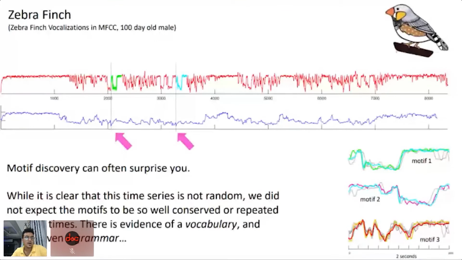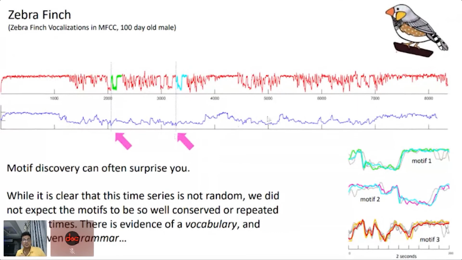What is this? So essentially, what these guys did is they recorded birds when they were doing their thing. They were talking to each other, maybe, so they recorded their voice. The red data is basically the voice that they recorded for birds, and then they created a matrix profile.